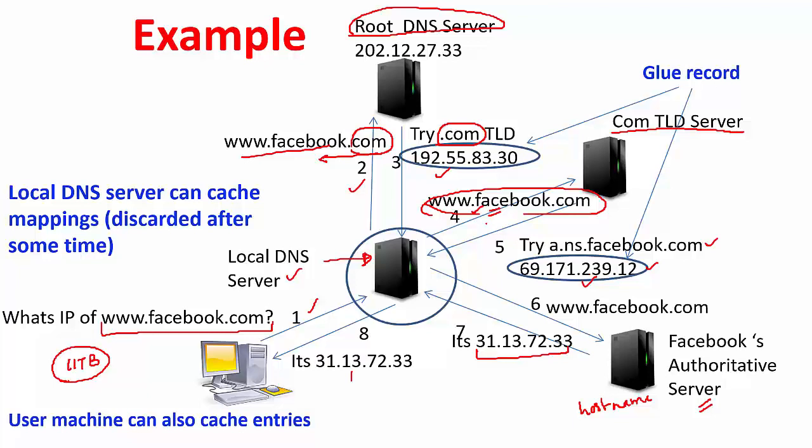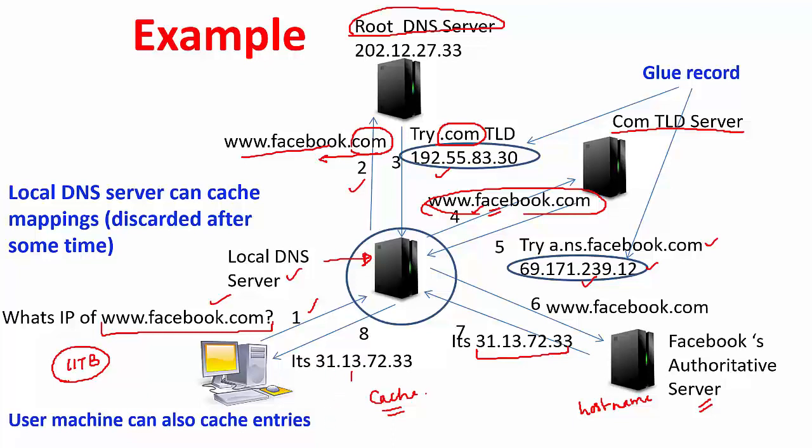Two other things you should be aware of in this context is that this DNS server, once it gets this answer, can cache this entry so that later if some other user were to ask this same question, it already has the answer in the cache and it will pass this information back.